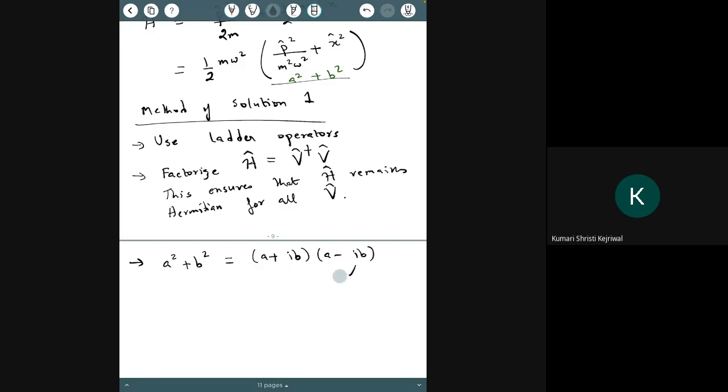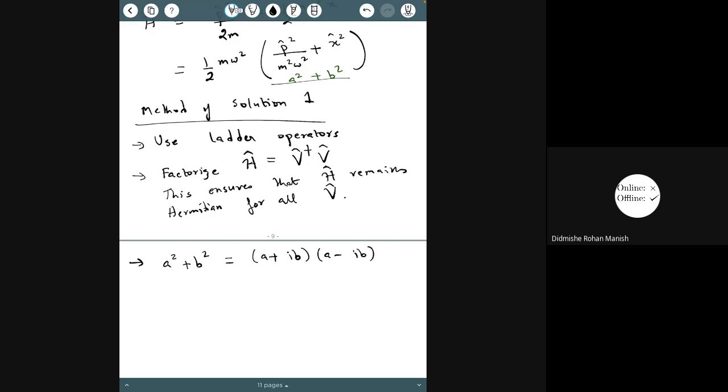But we don't know for sure if this sort of factorization is valid for operators. That is only if they commute, right? In algebra, real numbers always commute, any number always commutes actually. But once you have operators, that is not guaranteed. So you have to figure it out.